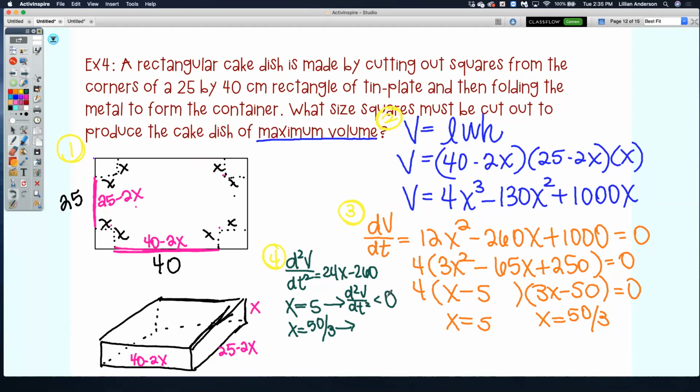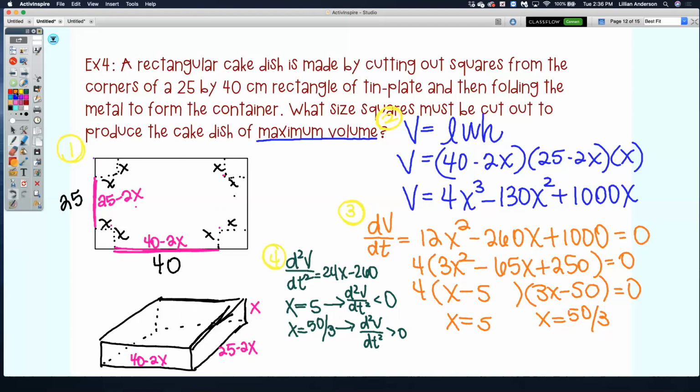It's negative. When I plug in 50 over 3, what's 8 times 50? 400. Yeah, 400 minus 260, so that's going to be a positive. 50 over 3 gives me my minimum, but 5 is the one that gives me my maximum based off of my second derivative test.